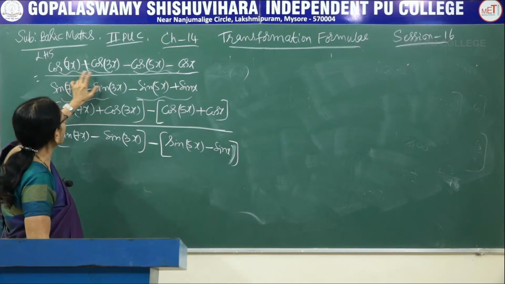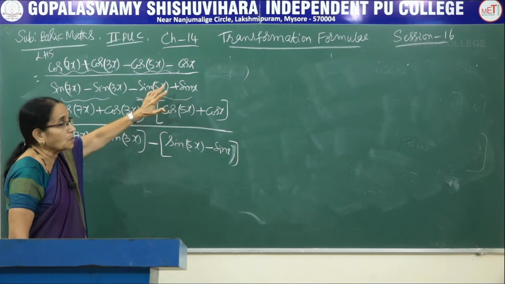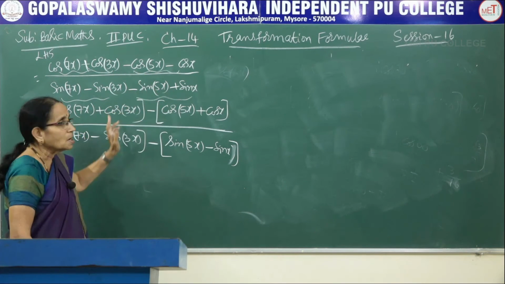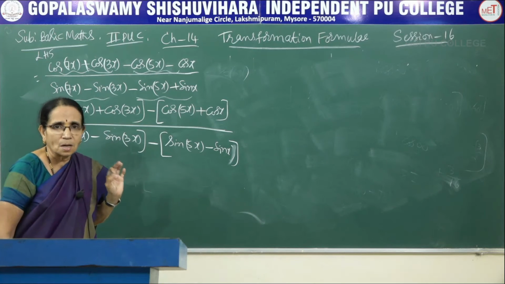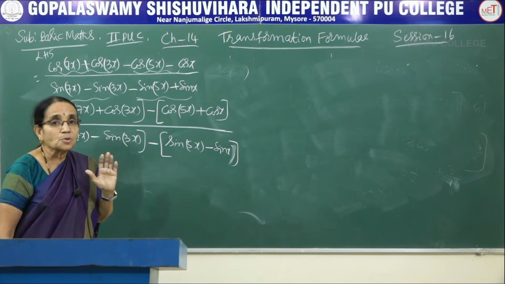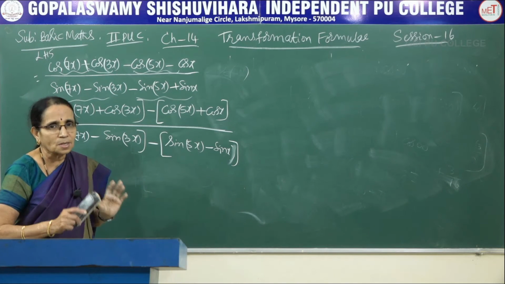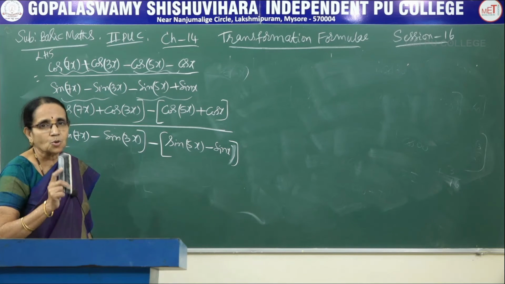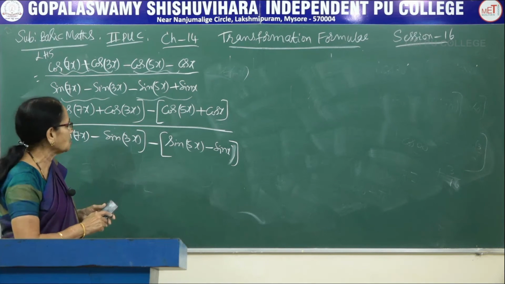Sometimes, see 7, 3, 5, 1 they have given. They may give 5 here, 3 may be given there. Same thing here. In that case, by looking at the terms that have been given, you have to group the terms in such a way that we get a common factor. That has to be decided by the student after looking at the terms here.